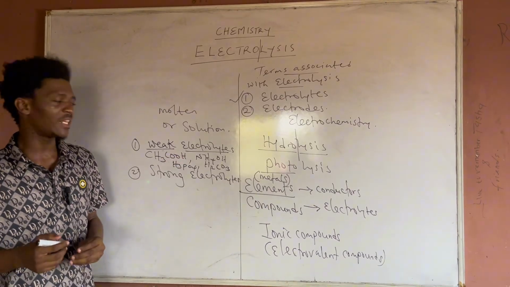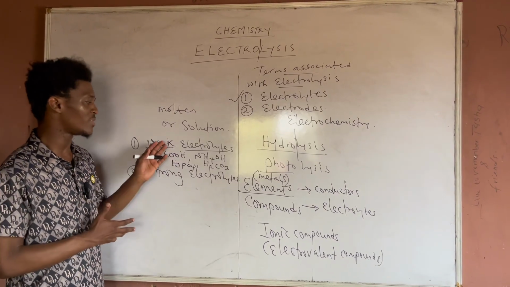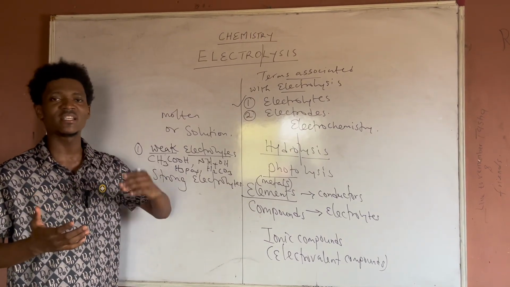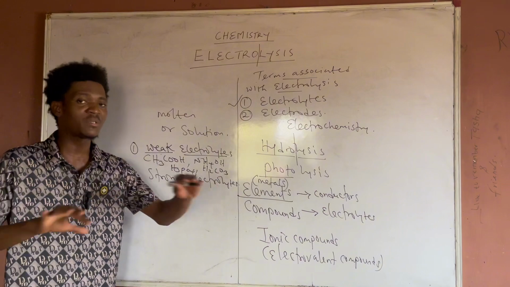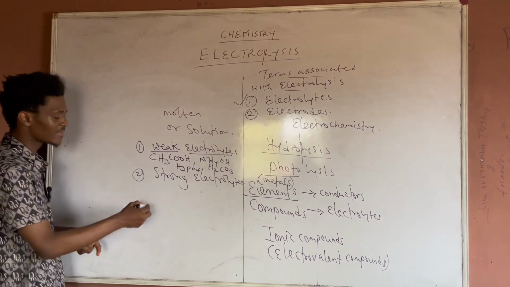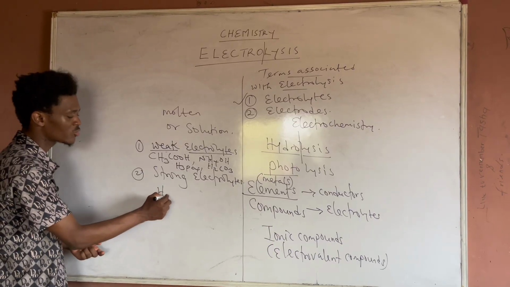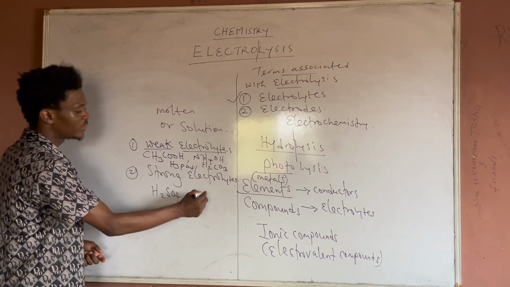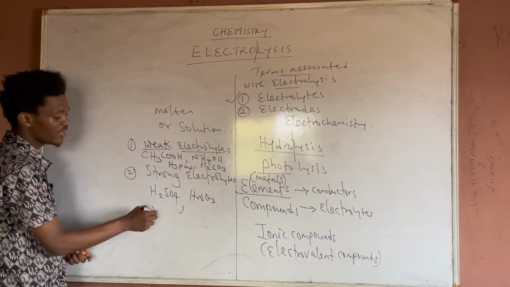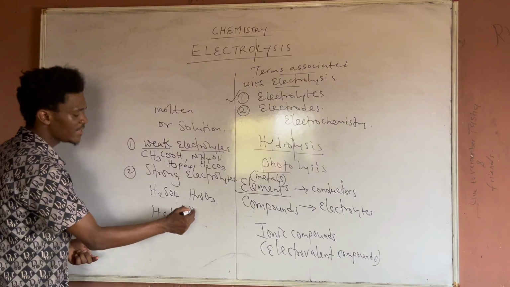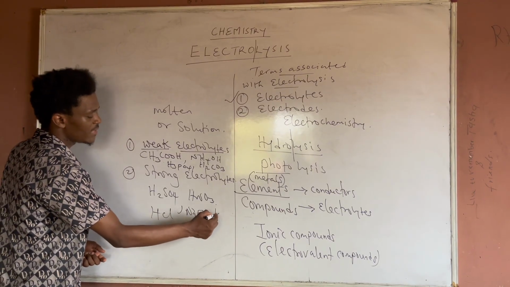As for strong electrolytes, of course, it will be the direct opposite of the weak electrolytes. Strong electrolytes are compounds that dissociate completely, or split completely, in solution. We have examples as the strong acids such as H2SO4, which is sulfuric acid, then HNO3, which is nitric acid, and HCl, which is hydrochloric acid. We have strong bases such as NaOH and KOH.